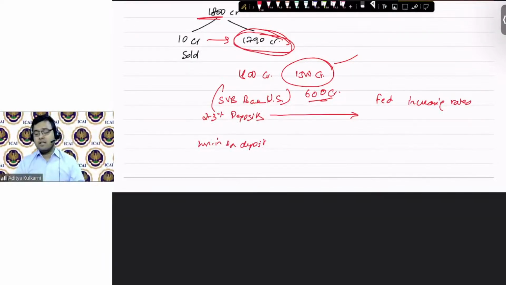So now the question arises, is your business model changing? Is there a material change in the sale? Yes, you were managing the portfolio with a held to maturity model. Now you are forced to sell to pay the deposit holders.